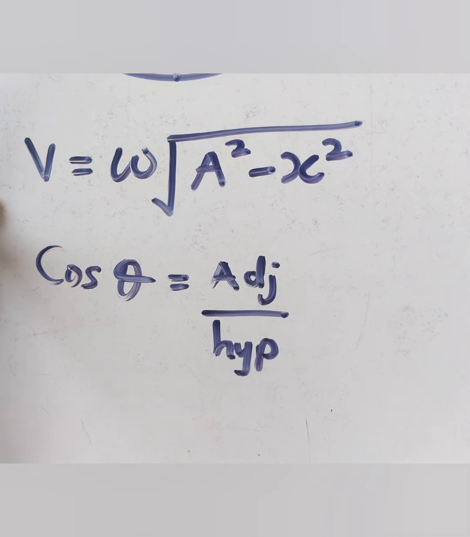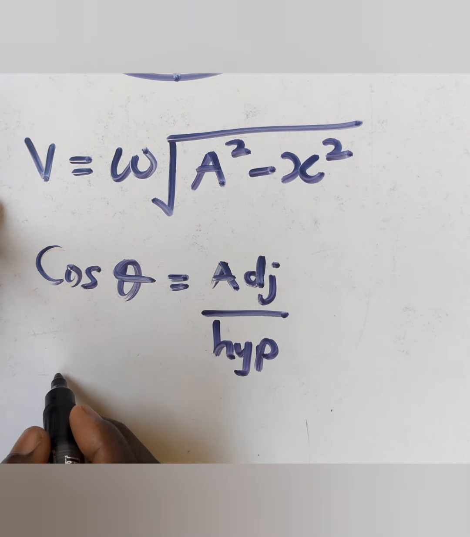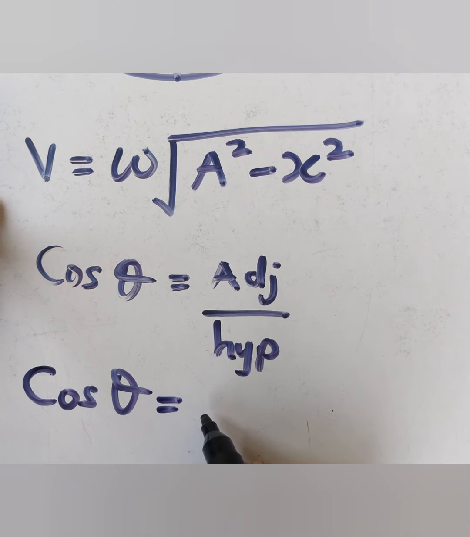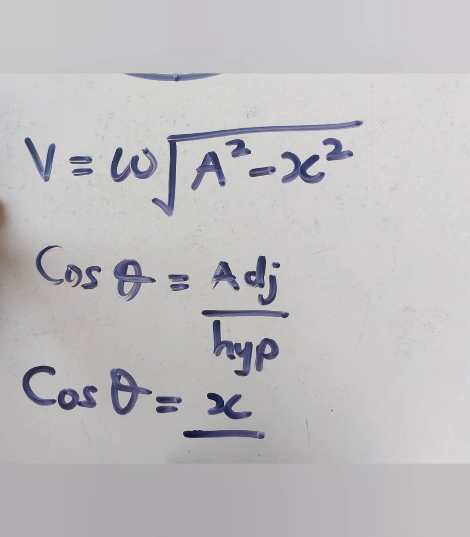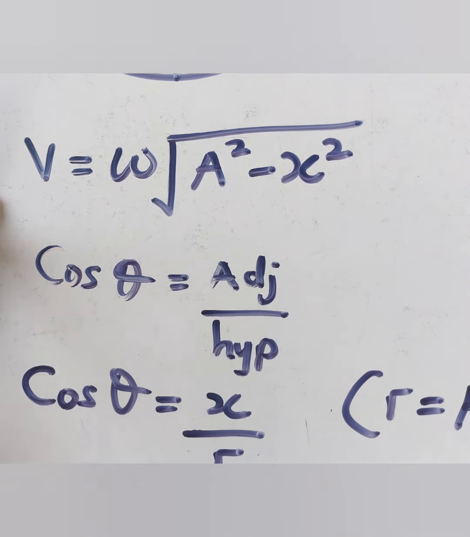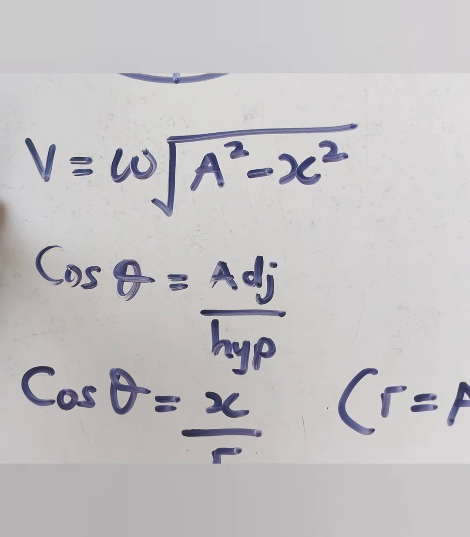In this case, adjacent is my x, and the hypotenuse is my r. But take note that my r, the radius of this circular path, is also equal to my a, which is the amplitude in simple harmonic motion.